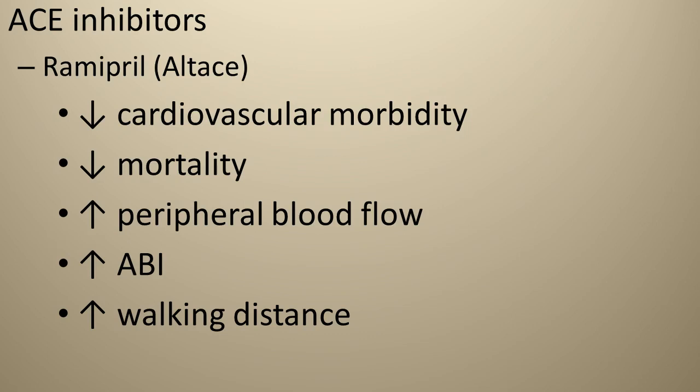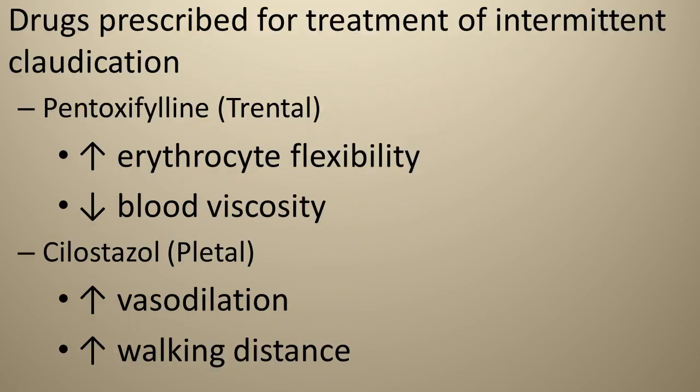So that's ACE inhibitors. It has that vasodilatory effect, so that's why it helps our patients with peripheral vascular diseases. Now, this is another drug classification, Trental or pentoxifylline, and what this actually does is a hemorrheologic agent that increases the flexibility of red blood cells.